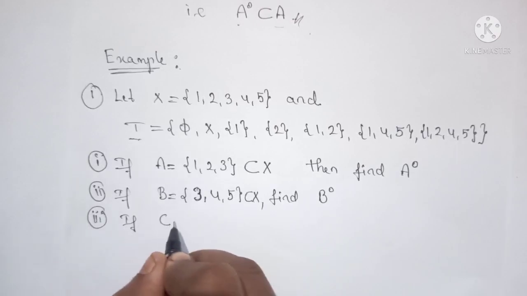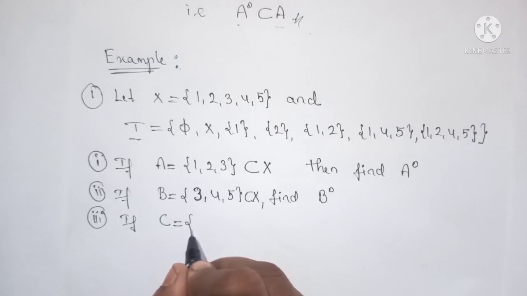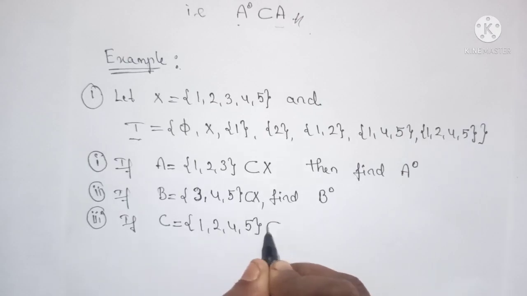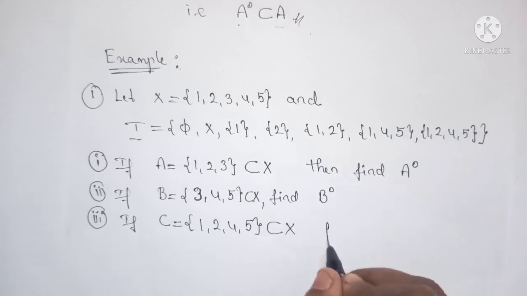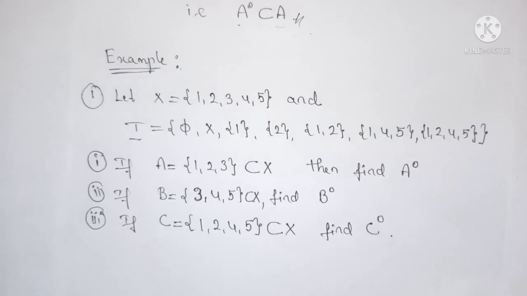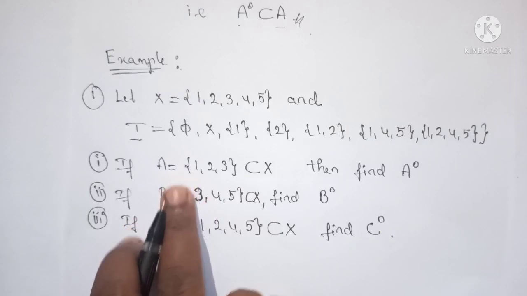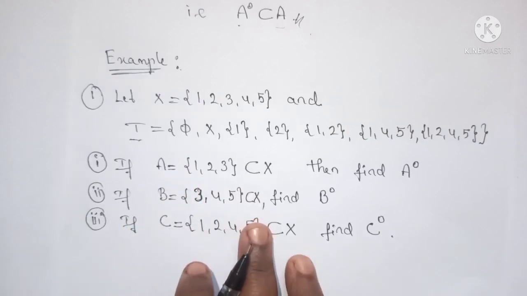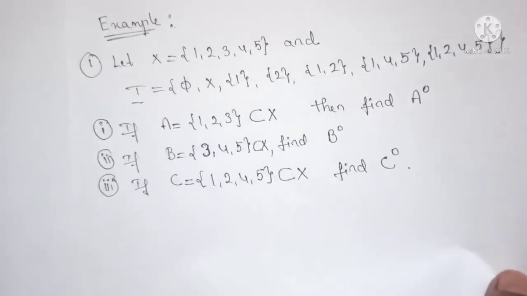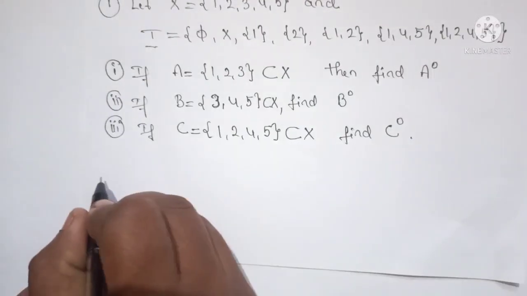If C is equal to {1, 2, 4, 5} is a subset of X, then find C interior. So here three subsets are given and we need to find their interiors. So solve one by one.